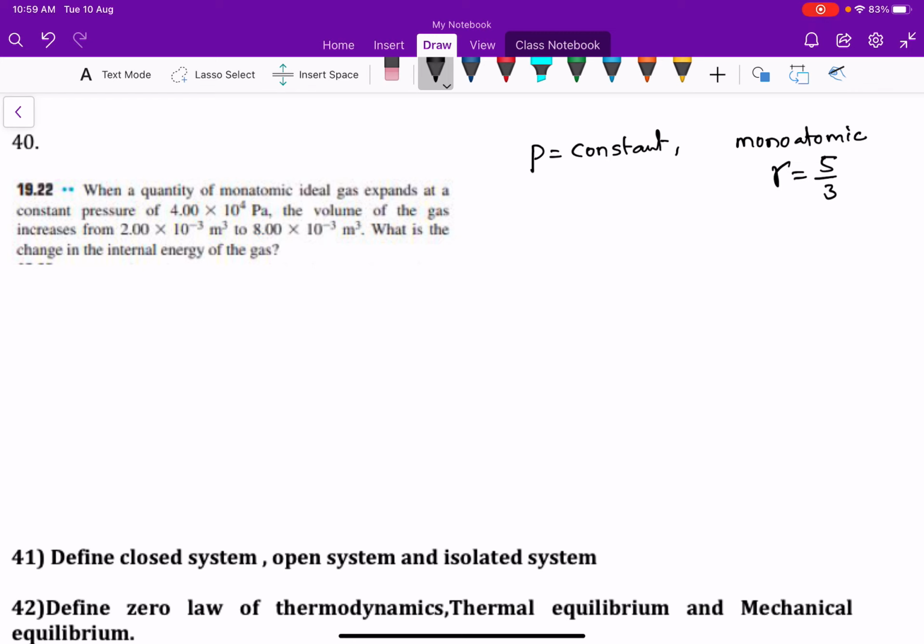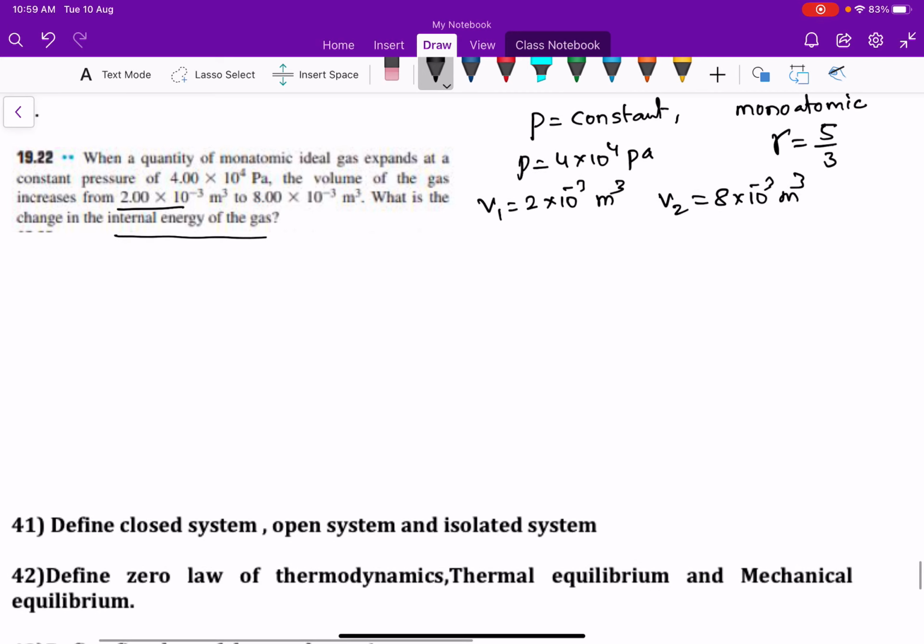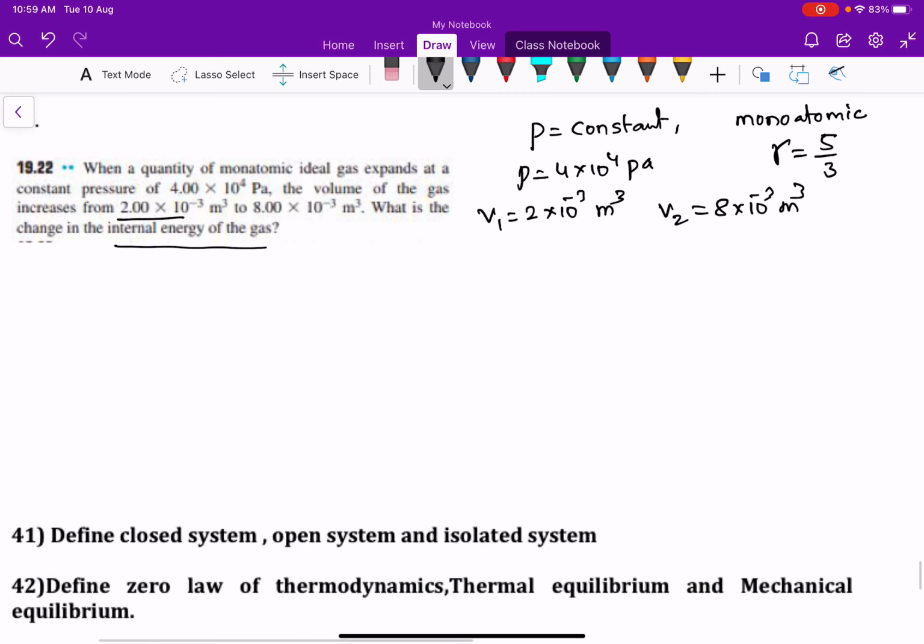Pressure is constant and that constant pressure is equal to 4 into 10 to the power of 4 pascals. And now the volume of the gas increases from 2 into 10 to the power of minus 3 meter cube to a final volume of 8 into 10 to the power of minus 3 meter cube. So what is the change in internal energy of the gas? We need to find out the change in internal energy of the gas here.